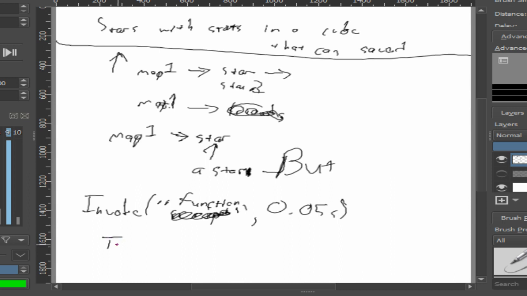So we have a function that gives us type, and then from that type we get radius. And from radius and density, we get mass, because you kind of need those things.